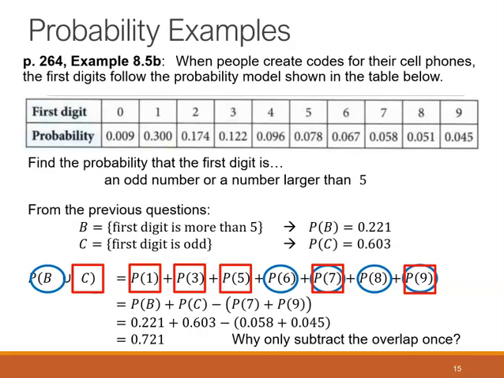It's the intersection of events B and C. In general, that is our formula for the probability of a union. The probability of the union of B and C is the probability of B plus the probability of C minus the probability of the intersection of B and C.